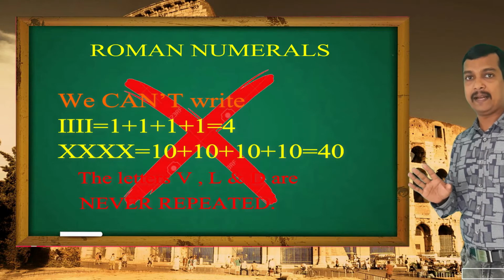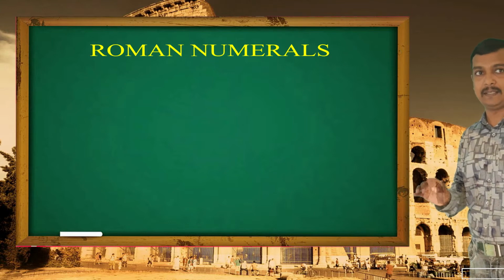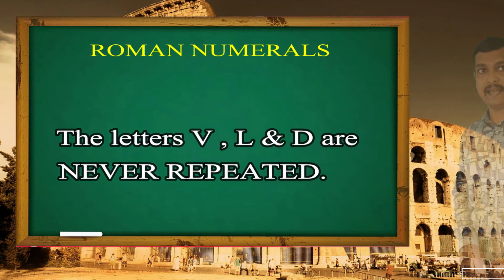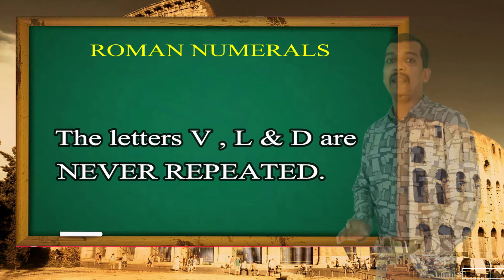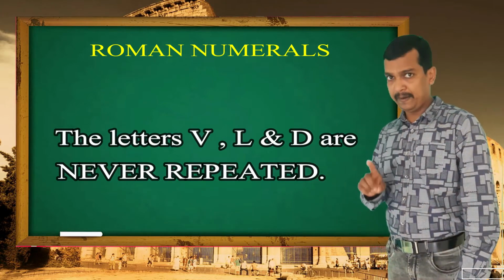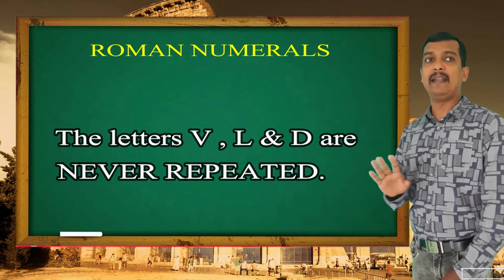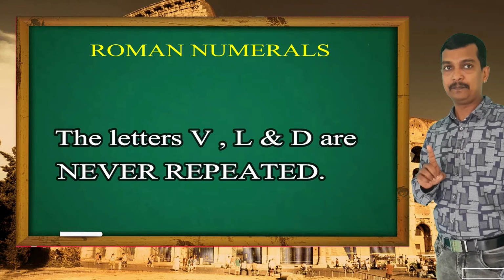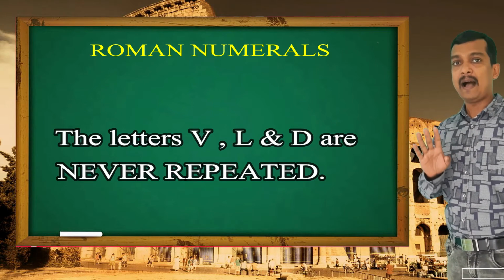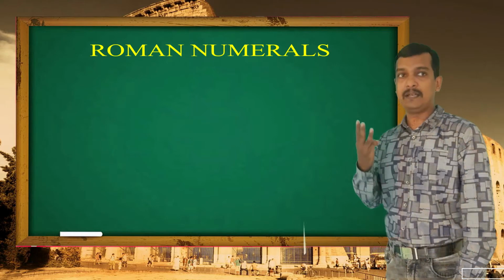We cannot write any letter I, X or C 4 times. The more important thing is that the letters V, L and D are never repeated. I repeat, the letters V, L and D are never repeated. So remember this rule firmly, it is very important. We can write I, X and C a maximum of 3 times.